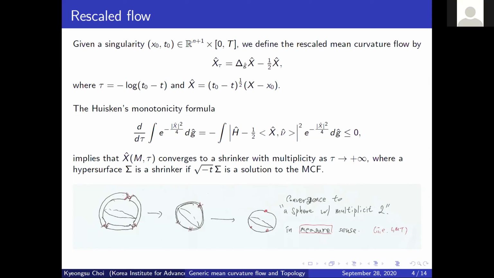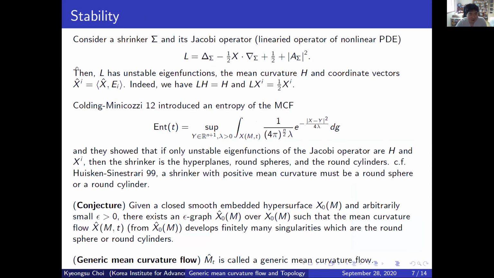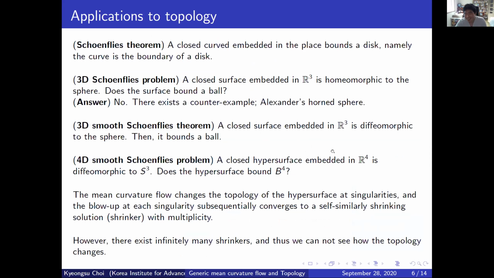Can you prove the 3D smooth Schoenflies conjecture, or Schoenflies theorem, with mean curvature flow? We don't have it yet. First of all, the 3D case was just proved by topologists, so a lot of people do not know the proof of this theorem.